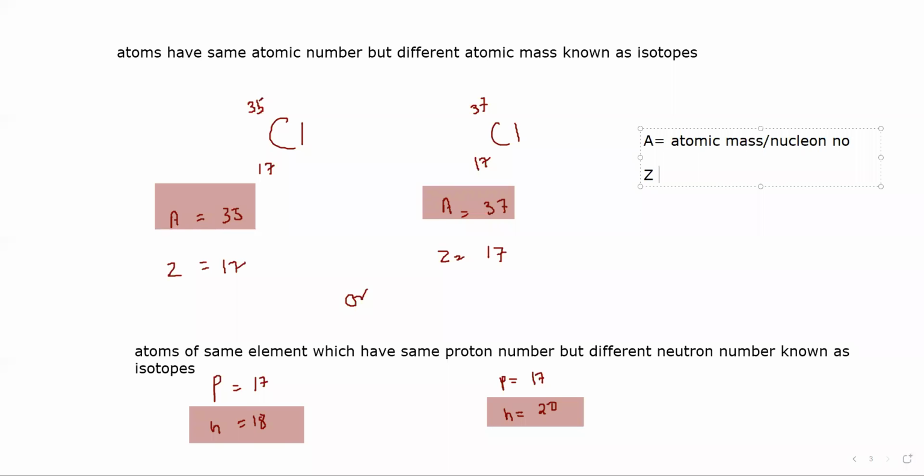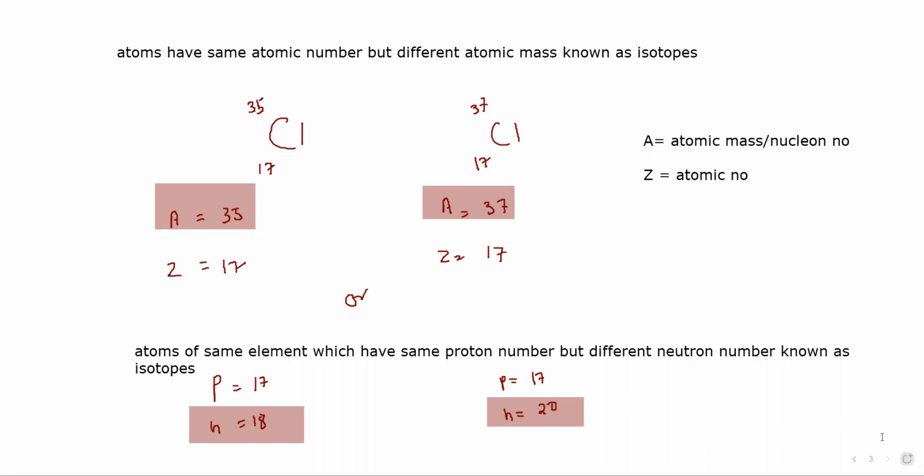So if they have the same atomic number, different atomic mass, or the same number of protons but different number of neutrons, we call them isotopes.